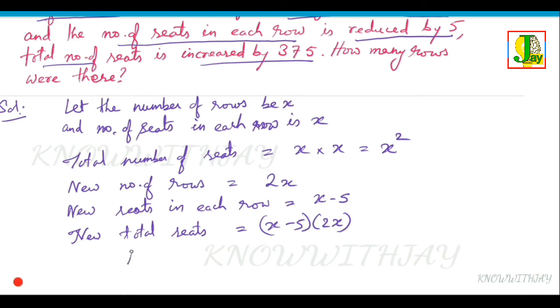That means new seats minus original seats equals 375. So this is the number of seats which are more in the new condition. If we subtract the original seats from the new number of seats, we get 375.